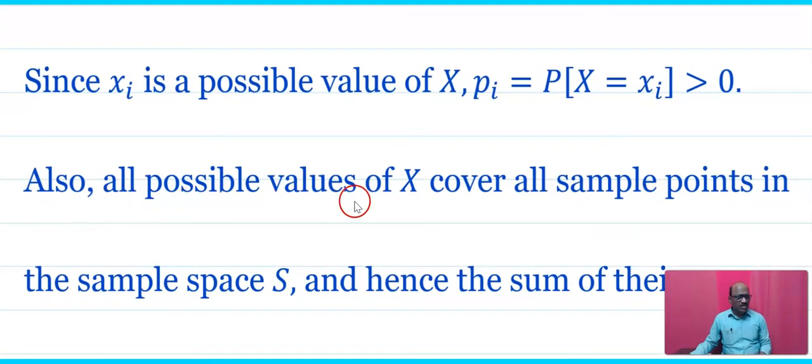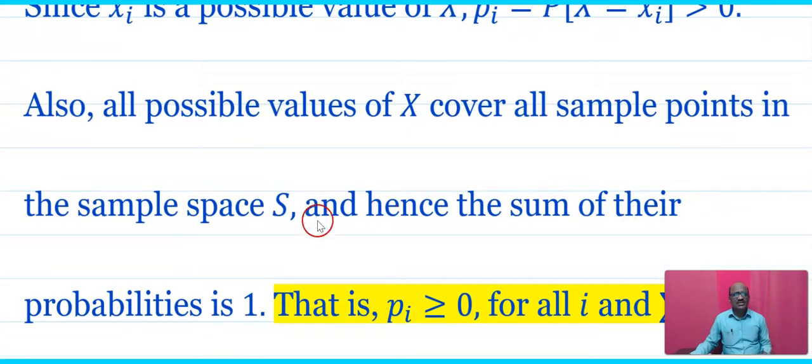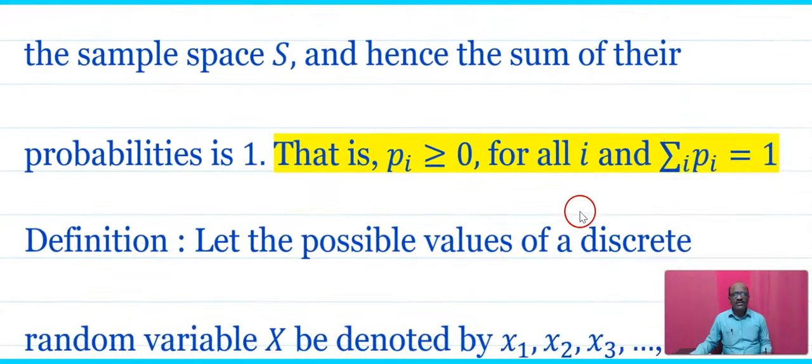Also, all the possible values of X cover all the sample points in the sample space S, and hence the sum of their probabilities is 1, and all the probabilities are greater than or equal to 0. This is very important for all i, and the sum of pi is equal to 1. Sum of all the probabilities equals 1.